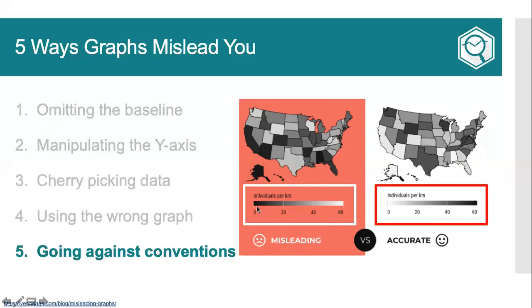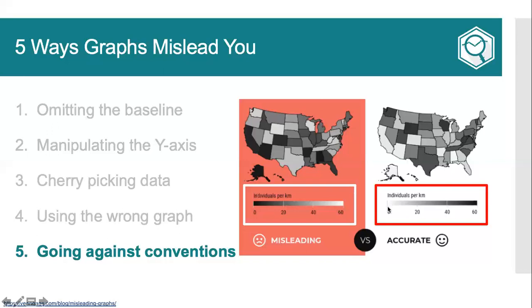By reversing that and using a darker shade for a lower density, you're reversing the general convention people have, which means that if someone weren't to look at this scale, they would probably misread this graph and assume that, for example, Alaska has the higher population density than, say, Texas, which we know isn't true.